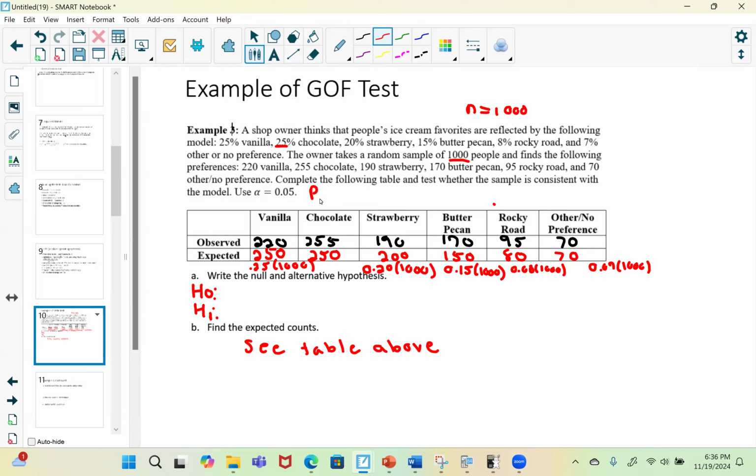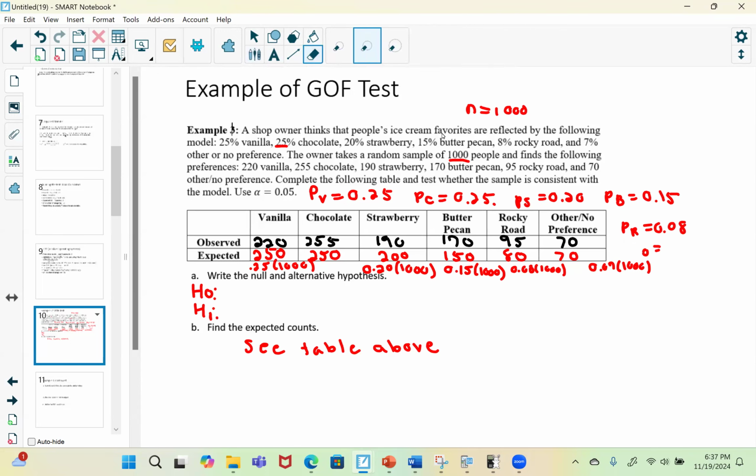Sometimes they write it as the probability of vanilla is 0.25, the probability of chocolate is 0.25, the probability of strawberry is 0.20, and the rest would follow. But we take each of these probabilities and we multiply them by n to get the expected frequency.